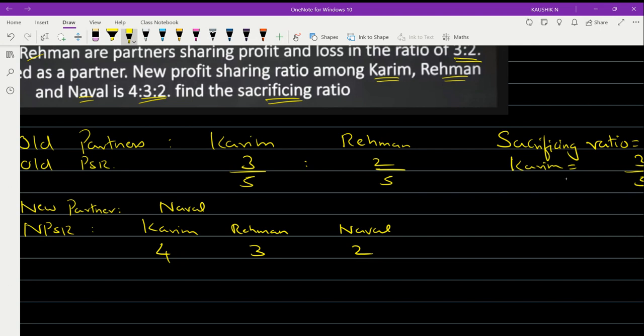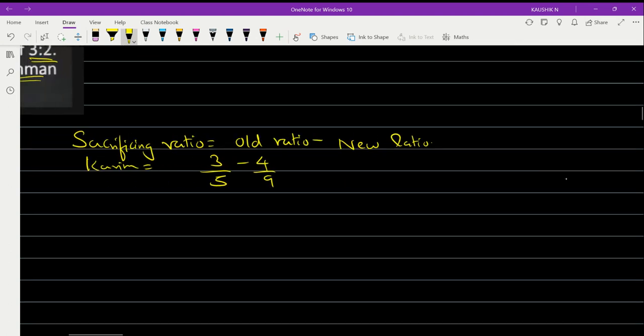Because 4, 3, 2 will give you 4 by 9, 3 by 9, and for him 2 by 9. So when you take LCM, what will be your LCM? 45. 5 nines are 45, 3 nines are 27, minus 9 fours are 36... sorry, 9 into 5, 4 into 5, so 27 minus 20. Sorry. It will be 7 by 45.